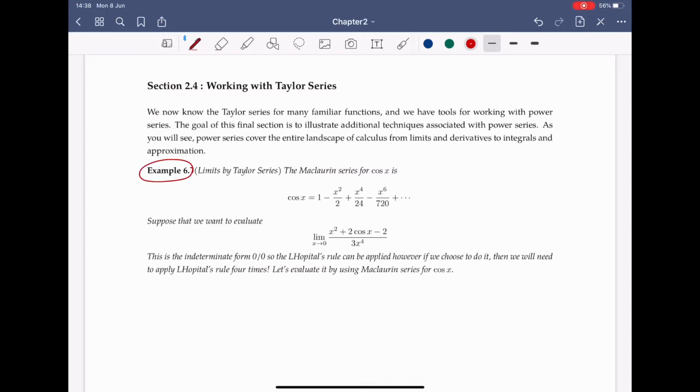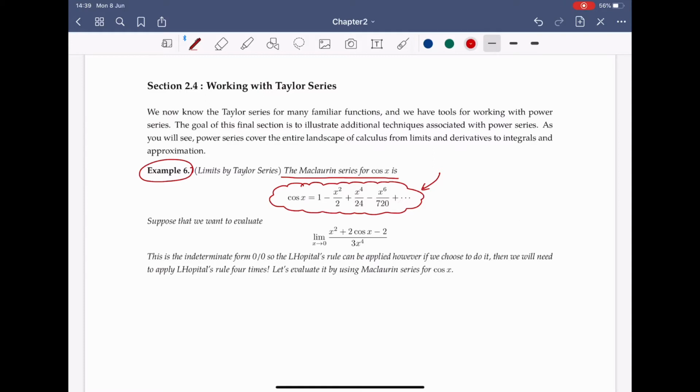So example 6 is the application related to limits. Suppose that we have the Maclaurin series for cosine x. Basically it is the Taylor series of cosine x centered at 0 after you expand the first few terms, so you get the thing that I have here in the cloud.